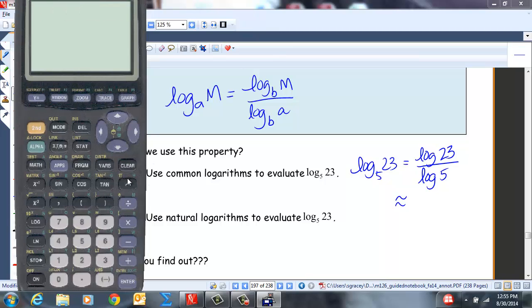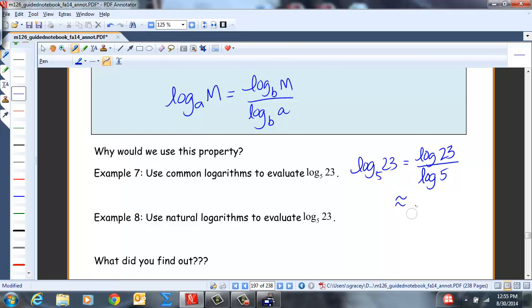Okay, so the log key is here. So log 23, and make sure you put the parentheses at the end before you do the divided by. And then log 5, and enter. We get approximately 1.948.